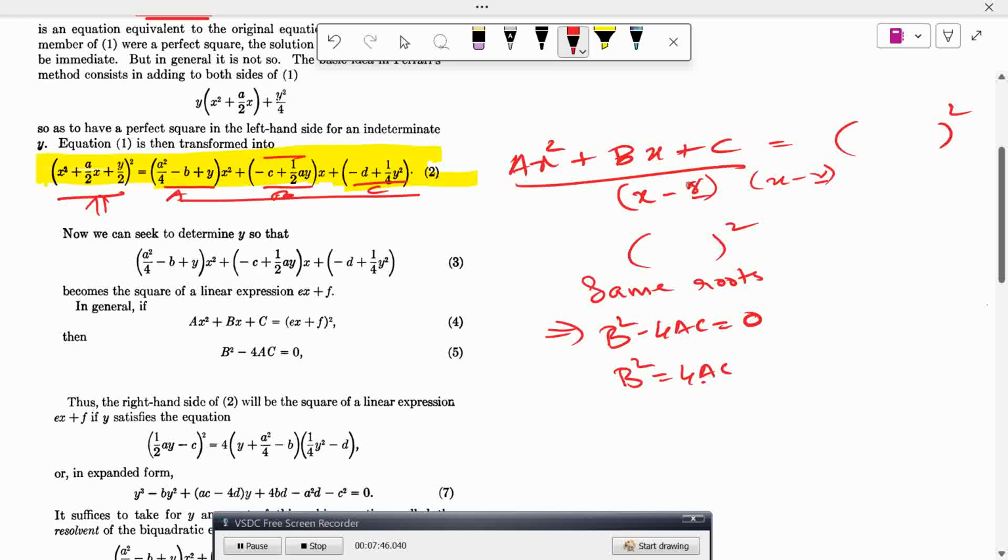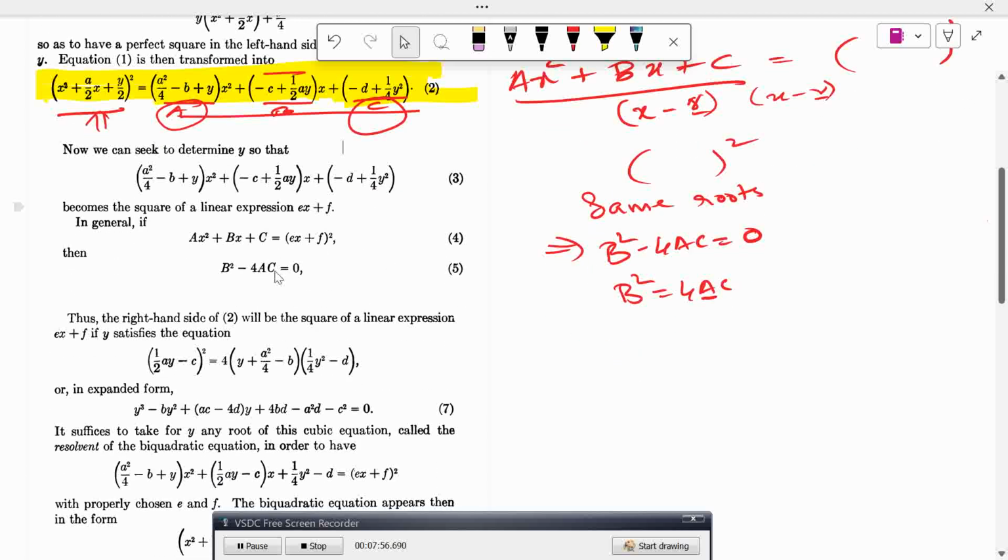And for a, this is the a and this is the c. So you substitute that and you will get something like this. This is the condition to be satisfied.